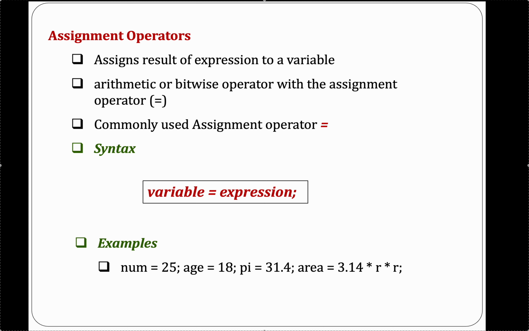Normally they will say equal is the assignment operator, and we have already discussed arithmetic operators. We can combine an arithmetic operator along with the assignment operator, which makes a compound assignment operator. That will be discussed later, but as of now just understand that the assignment operator is equal.